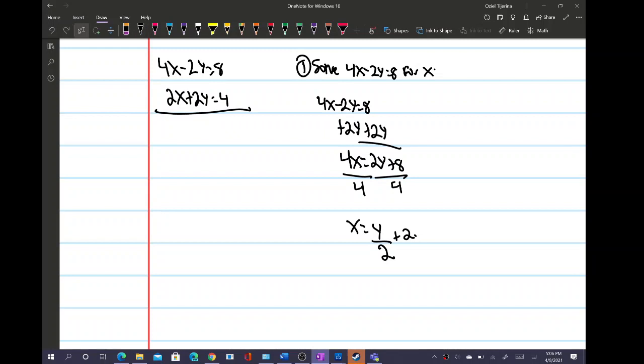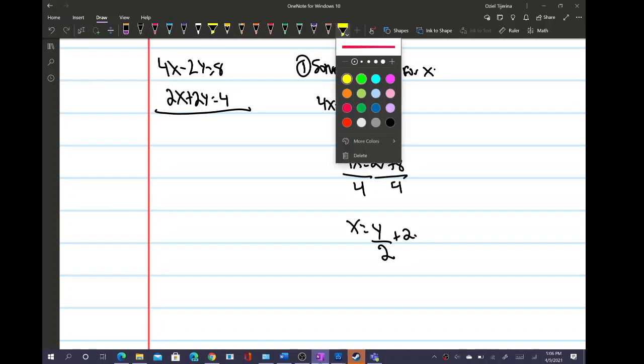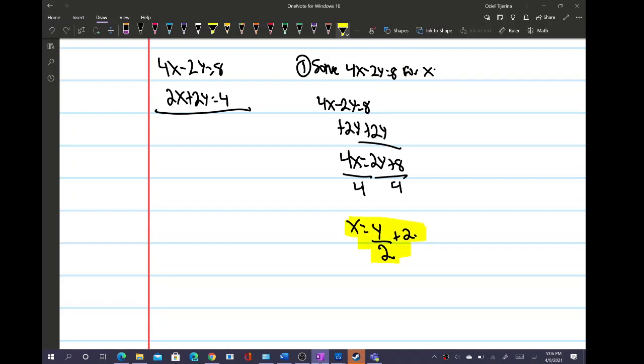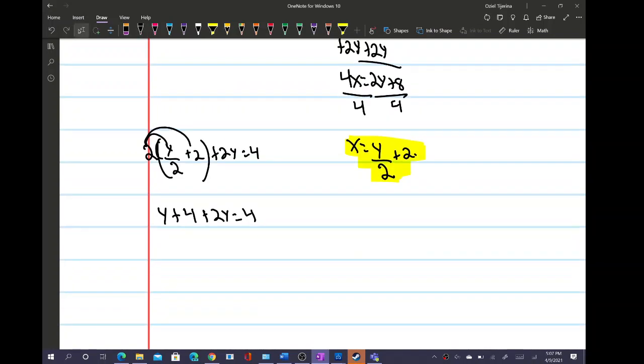And then once you do this, go ahead and plug this in for your second equation. So for this one, you're going to say 2 times y over 2 plus 2, plus 2y equals 4, right? So then you do the distributive property, you get y plus 4 plus 2y equals 4, and then you have 4 plus 3y equals 4.